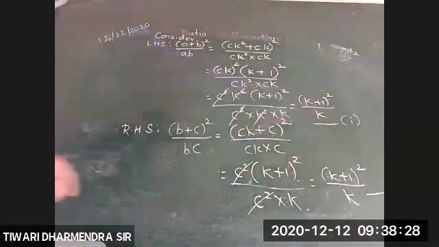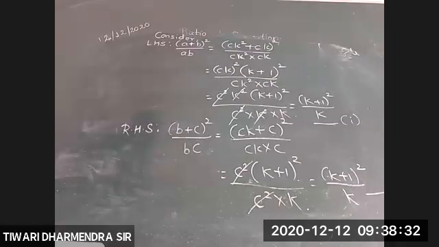From 1 and 2, see 1 and 2. Is both equal? Yes. Both are equal. So from here, we can conclude that left hand side is equal to right hand side.